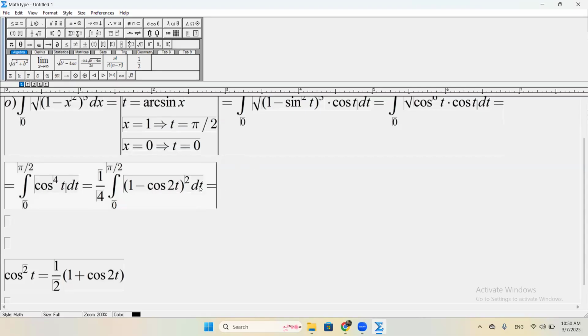Now we will expand brackets, and we will have to use the formula of power reduce again. So 1 minus 2 cosine of 2t plus cosine square of 2t.